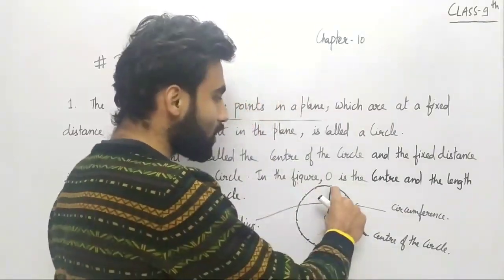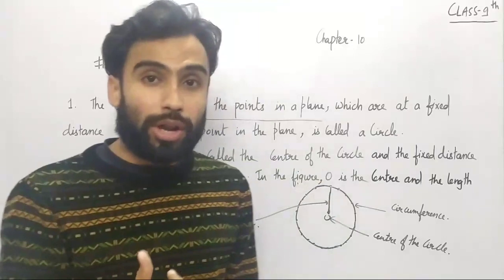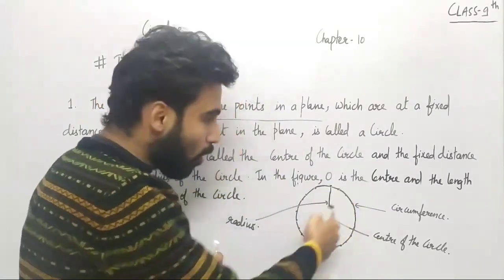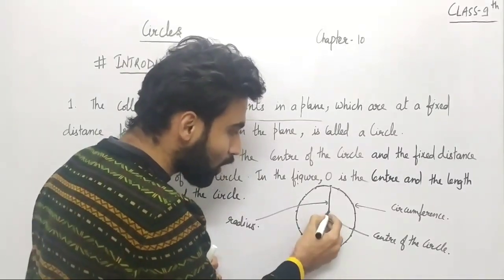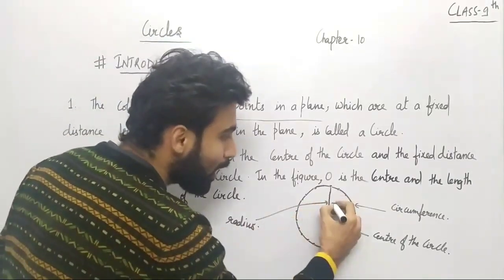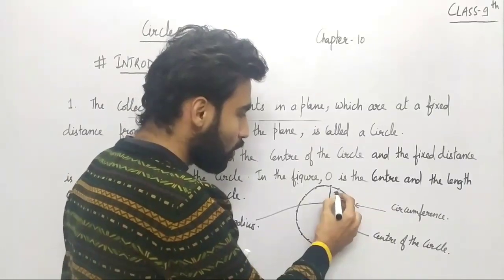The distance to which we open the compass is known as the radius. Here you can see the distance between the point on the circumference of the circle and the center of the circle is known as the radius, which is shown by a small r, right? Here I have written that.